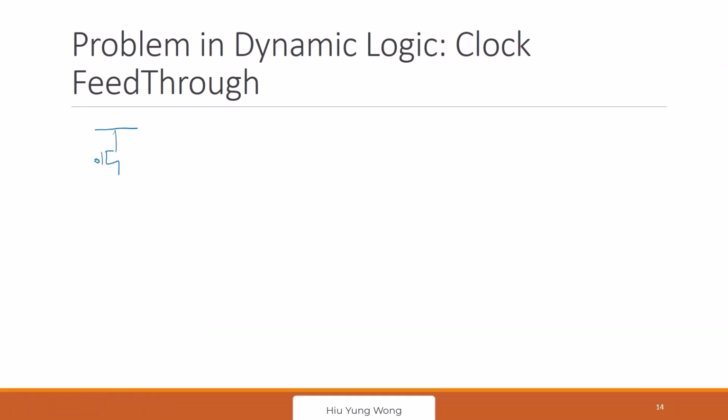Professor, how do we implement a transmission gate using dynamic logic? We don't have dynamic logic, but a transmission gate itself is another kind of logic, right? You use a transmission gate to implement a multiplexer or whatever.